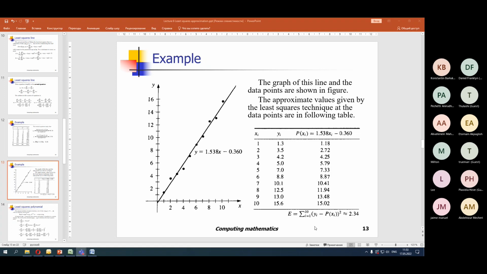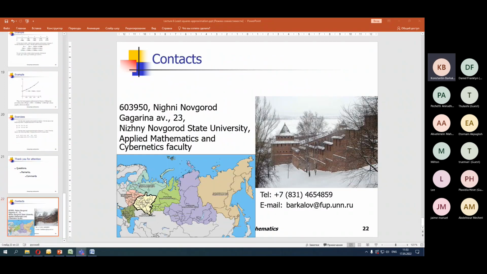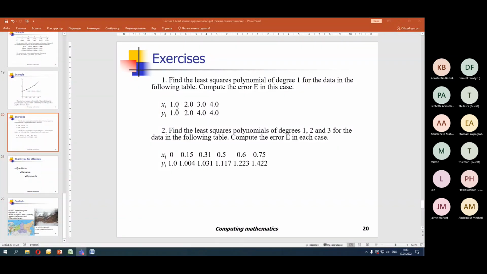Well, let me show you a concrete example. I skip all this. Let's consider these points. Suppose that we have very simple points, 1, 2, 3, 4 as x and 1, 2, 4, 4 as y.